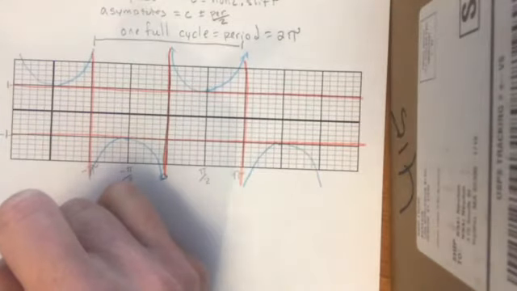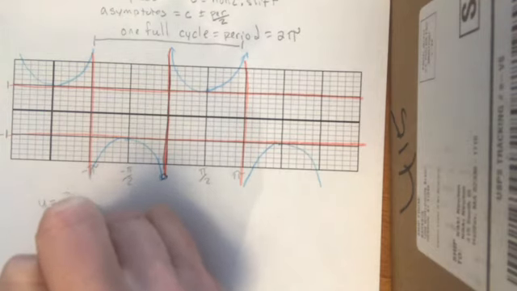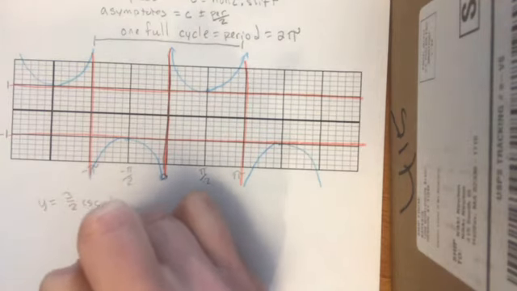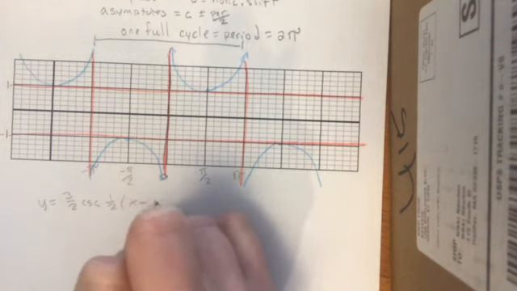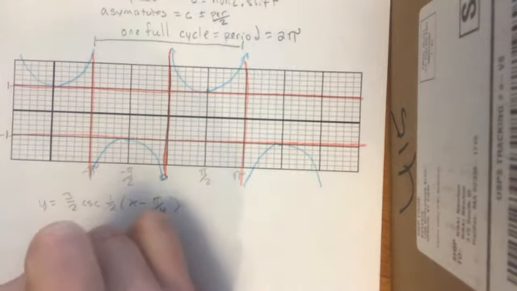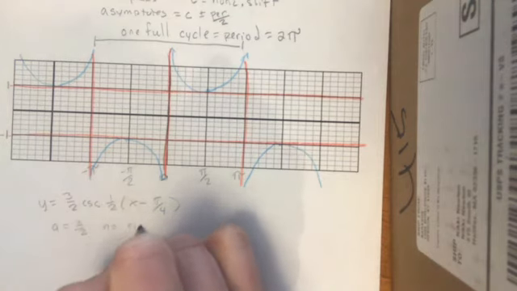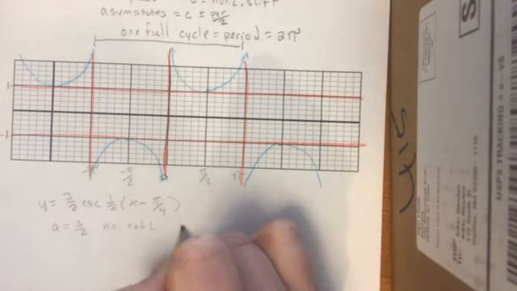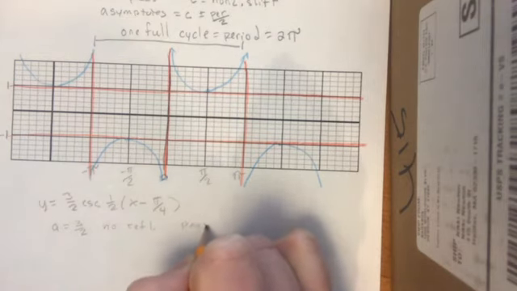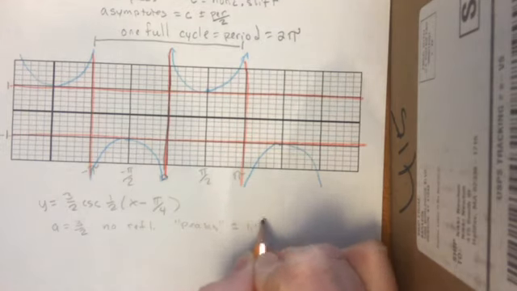So here's our one example of this. y equals 3/2 cosecant of 1/2 times x minus pi over 4. So A is 3/2, no reflection. And the peaks are going to be at plus and minus 3/2, which is 1.5.